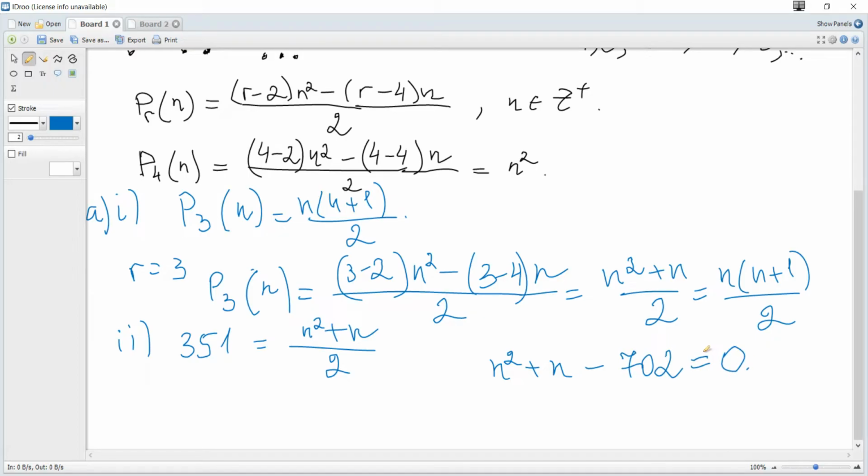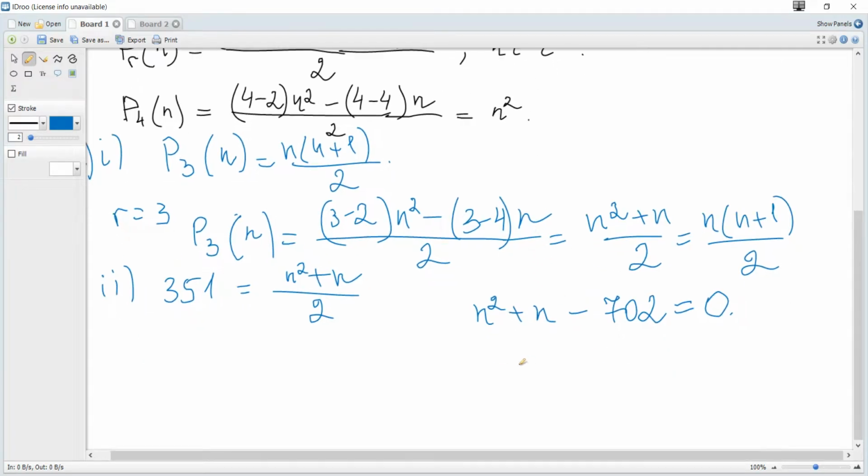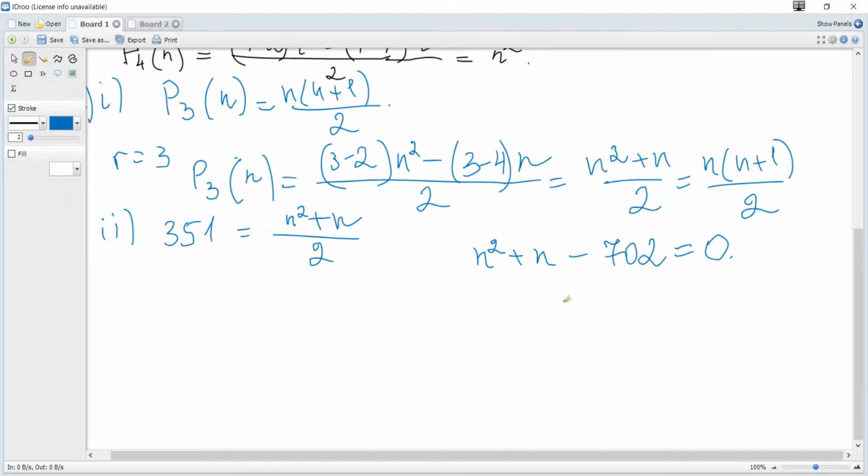I will not do that. There are 2 roots, one negative, one positive. Since n is a position number, it's a positive integer. The answer is 26. So the triangular number with number 26 has a value of 351.